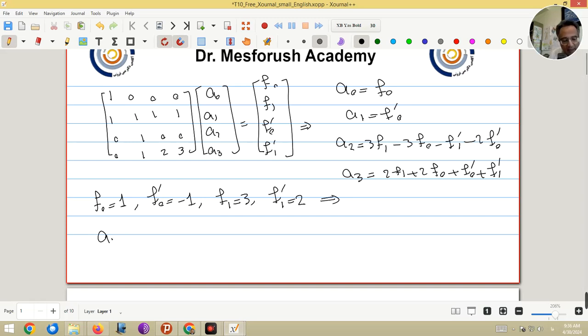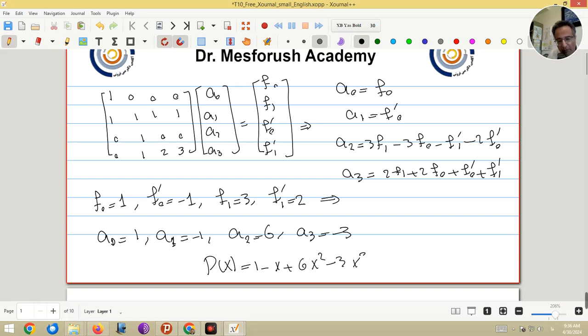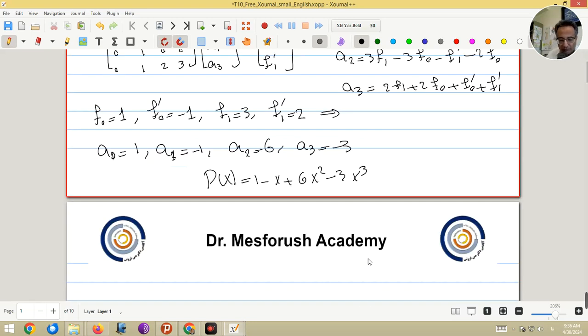In this case, a0 should be 1, a1 should be minus 1, a2 should be 6, and a3 should be minus 3. So we can find p of x in the form 1 minus x plus 6x squared minus 3x cubed.